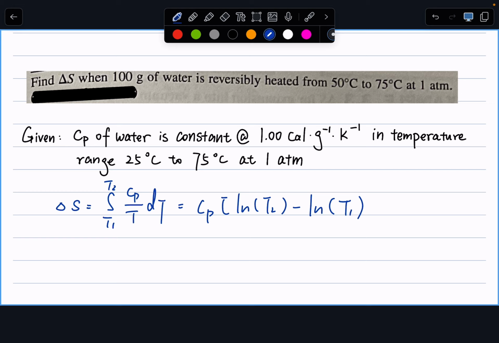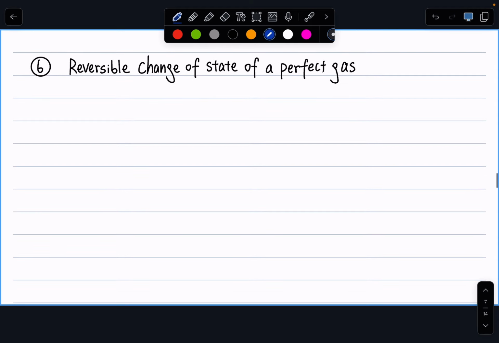All right, I'm going to save the rest of my lecture for next Monday. So in our next part, we'll talk about, say, number 6. In general, we don't specify any pressure, volume, or temperature to be constant. We just ask in general, what is the change of state? How do we calculate the entropy of a change of state if we know it is an ideal gas?